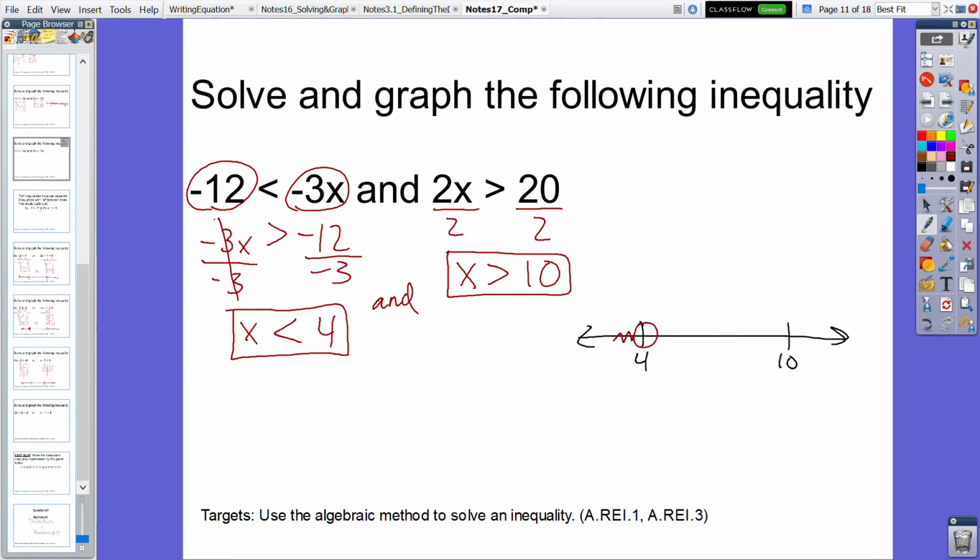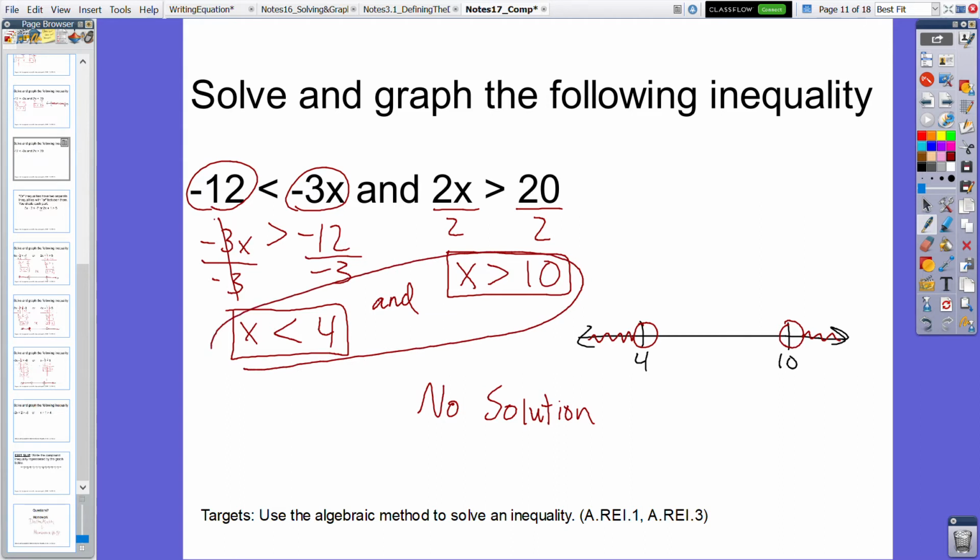So if I'm looking at less than 4 this way and greater than 10 this way, there are no numbers that overlap here. So when that happens, we consider this a no solution inequality. The reason being is that there are no numbers that satisfy both of these conditions. There are no numbers that exist that are less than 4 and greater than 10 at the same time.